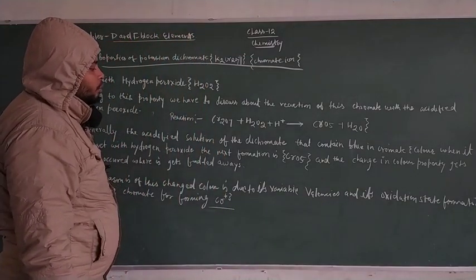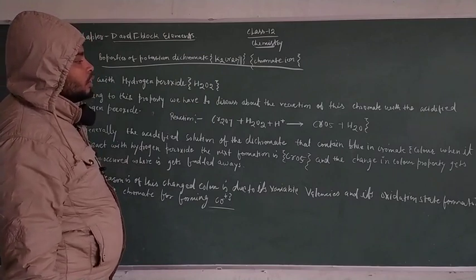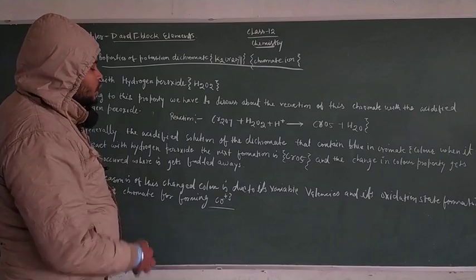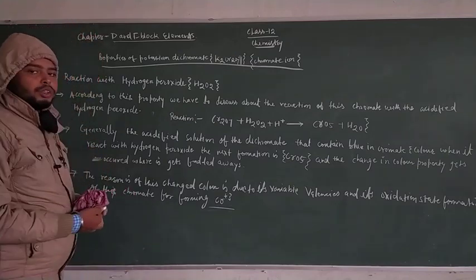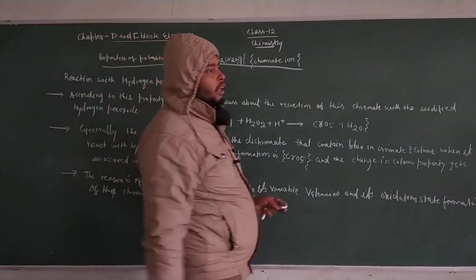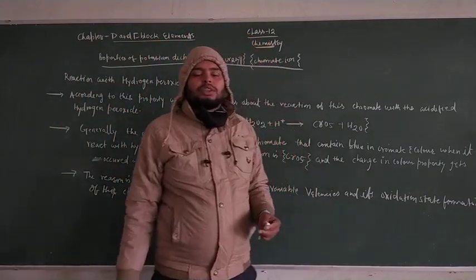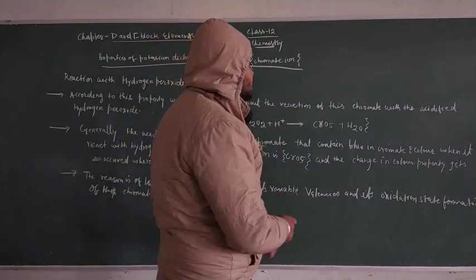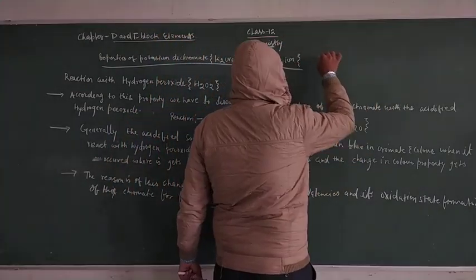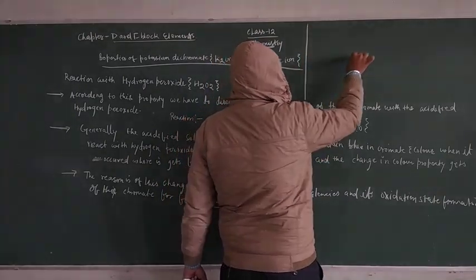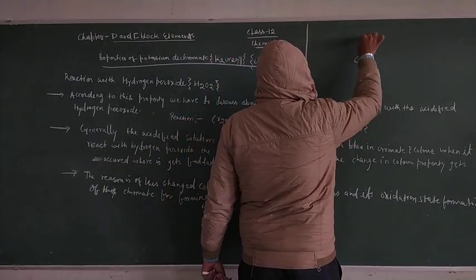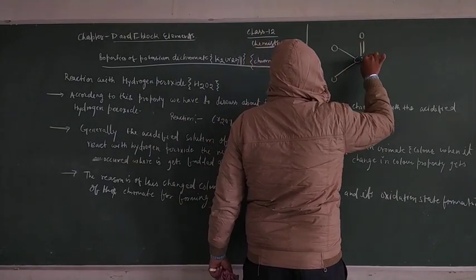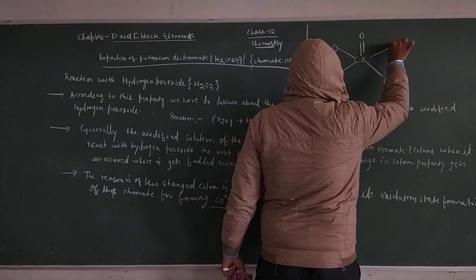After that, we have to discuss the creation of the CrO5 structure, and how you can illustrate it. In inorganic chemistry, this is the most popular structure of CrO5, the butterfly structure. Cr is combined with this O, this is second, this is third, this is fourth, and this is fifth.